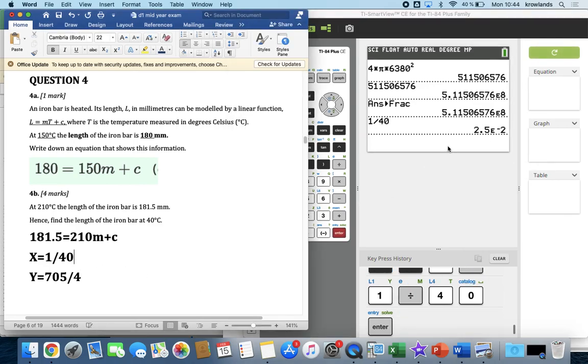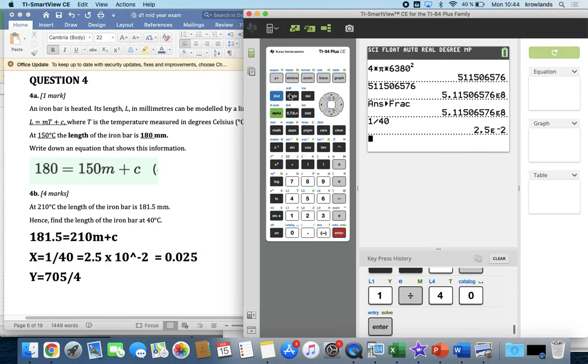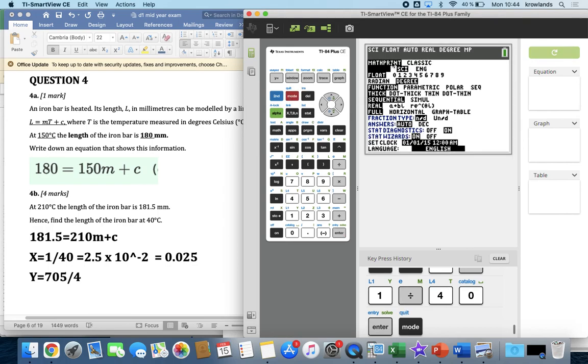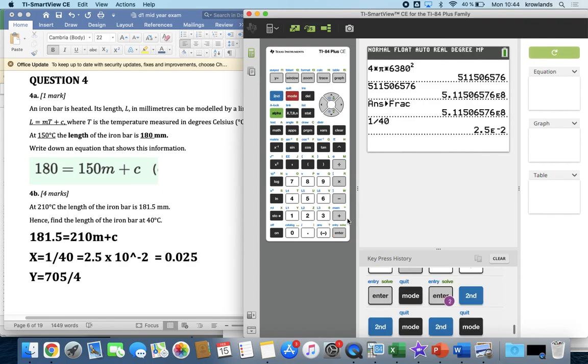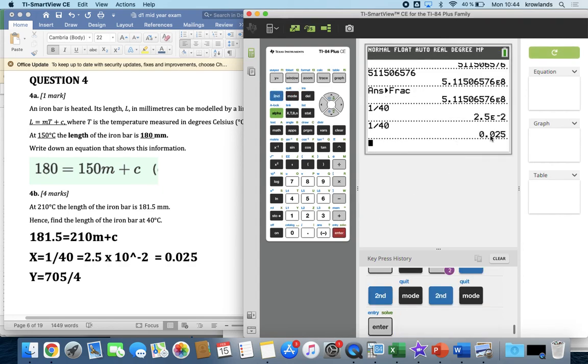It's 2.5 times 10 to the power of -2. And then if you were to write that as a decimal, hopefully you'd be able to understand it's 0.025. Again, you could do this by changing the mode of the calculator, changing it to normal mode, press enter, enter again, there we go, 0.025.